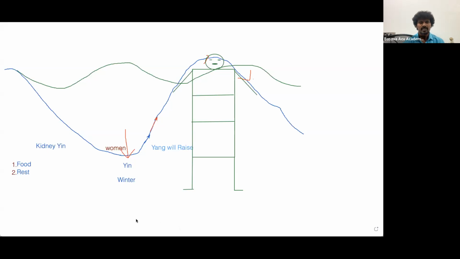Please adjust, I'm pouring drying. Okay, just take this yang only. This yang will rise in the body, no? This yang is correlated to all three warmers, including your mind.